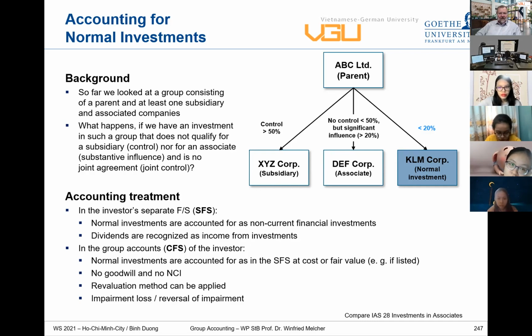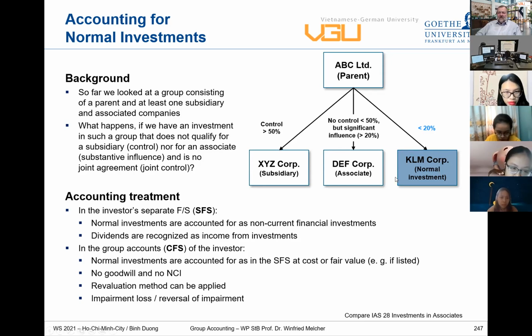Any dividends that this investment will pay will be recognized in the year when the payment is performed. So when we look at the equity method, we would increase the value of the investment when there is a profit. And when the dividend is paid, we will decrease the value of the investment.